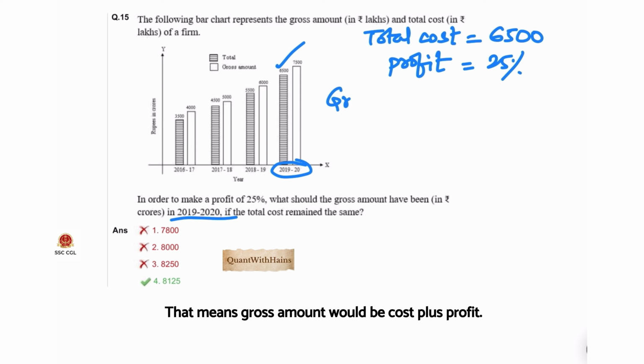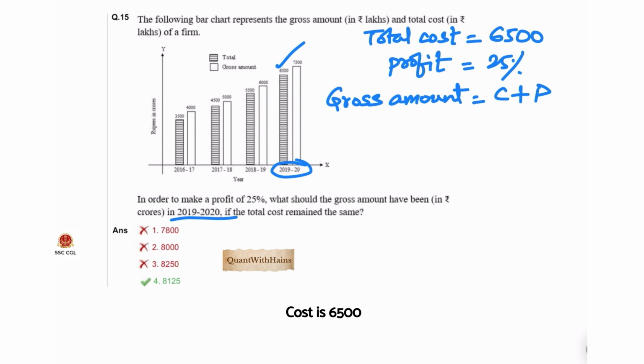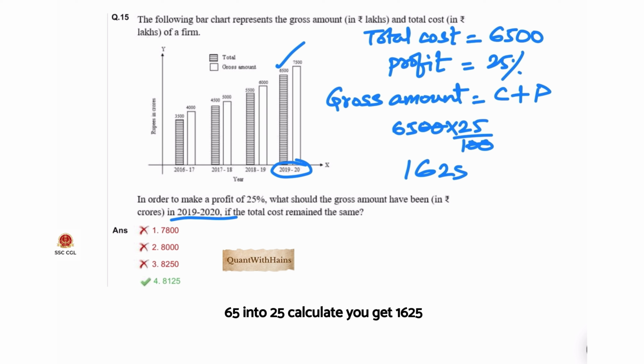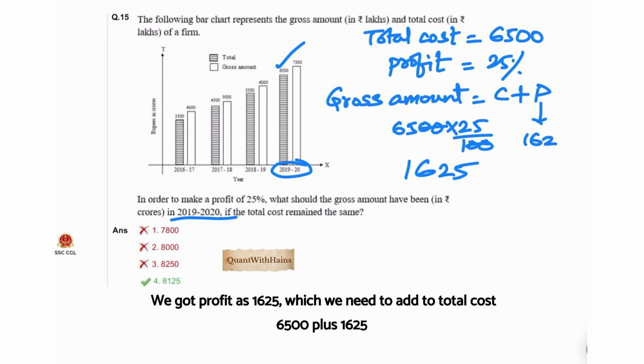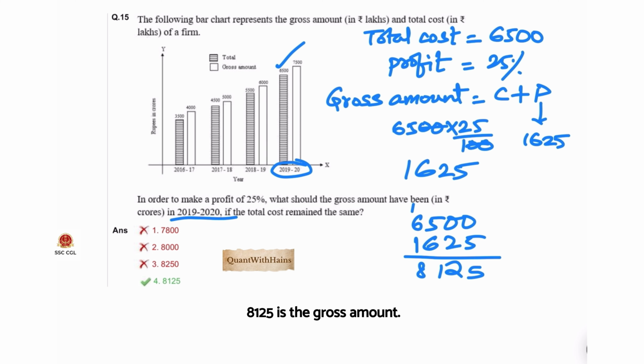That means gross amount would be cost plus profit. Cost is 6,500, profit 65%. Sorry, 25%. 65 into 25, if you calculate, you get 1625. We got profit as 1625, which we need to add to total cost, 6,500 plus 1625. 8125 is the gross amount, that is option 4.